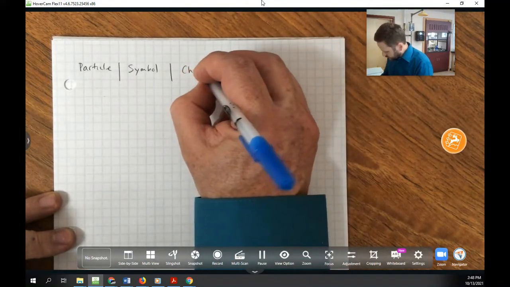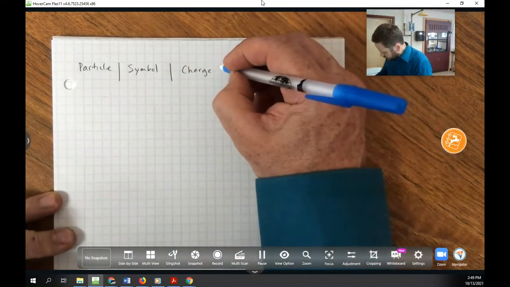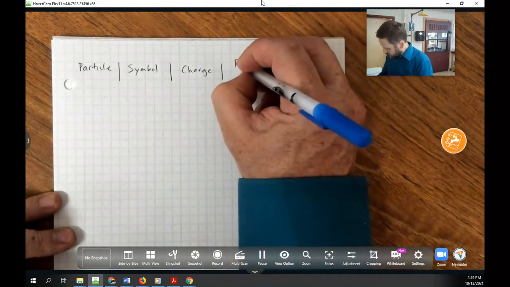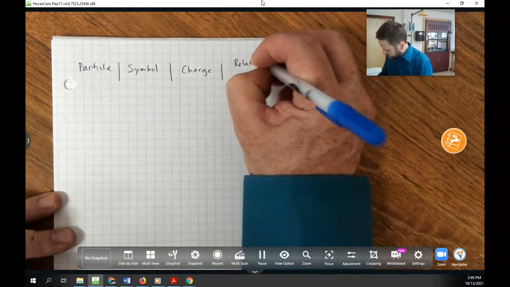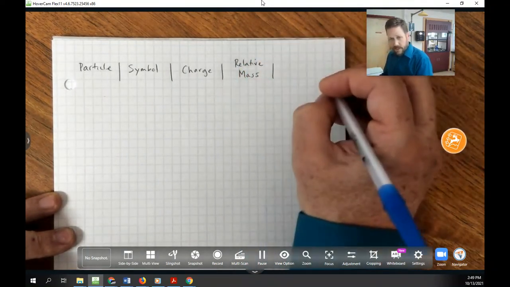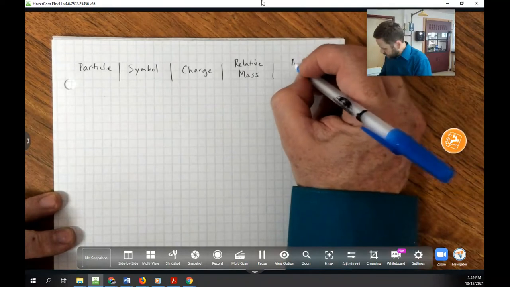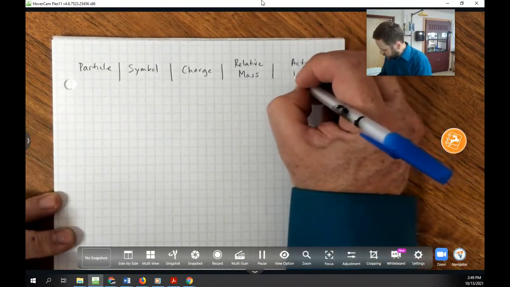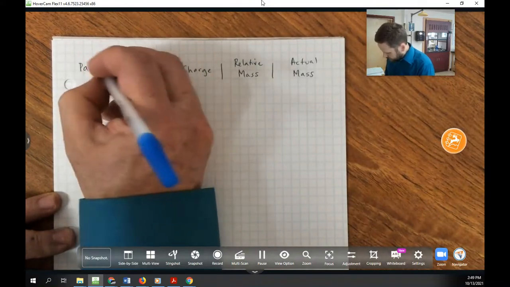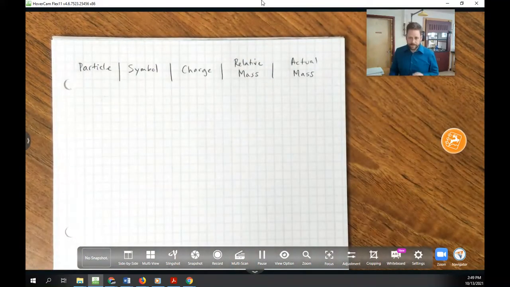Now, we want to make those three columns about half the page, so we have room for two more things. One of them is the relative mass, so that we can compare them to one another. And the next is the actual mass of these particles, which is a little bit less important, but it will be kind of interesting to think about.